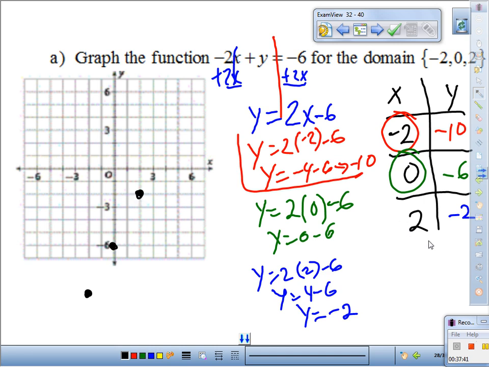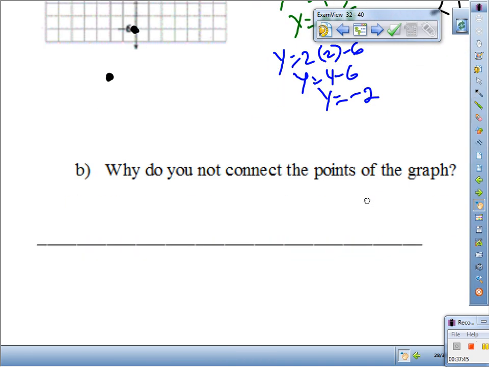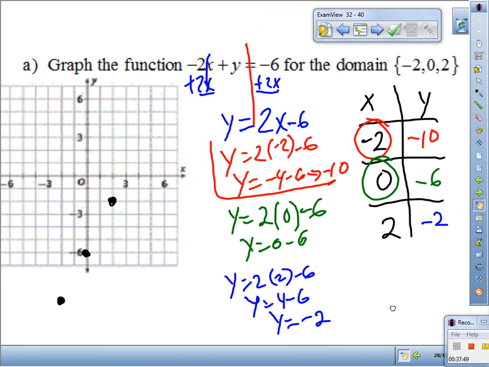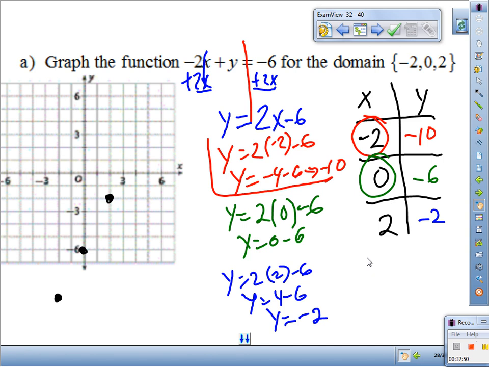All right. But check this out. Look what it says. Why do you not connect the points on the graph? What do you guys think? Ivana. Because it's not a constant rate. In this case, they only asked us to use what? That specific domain.